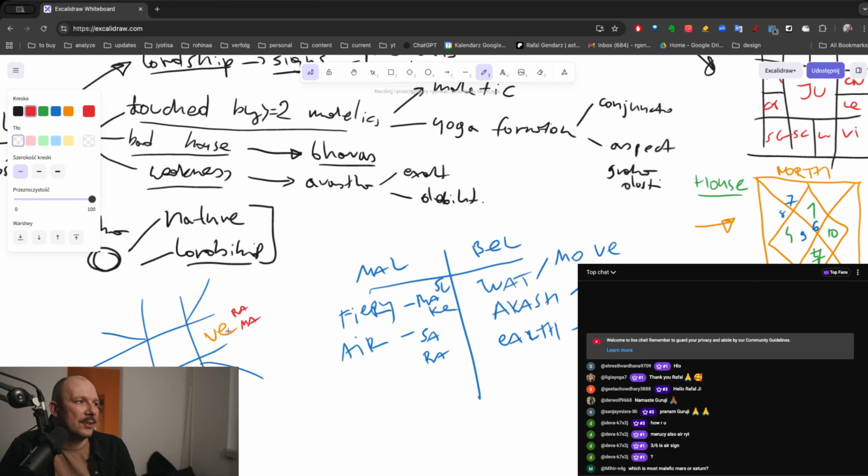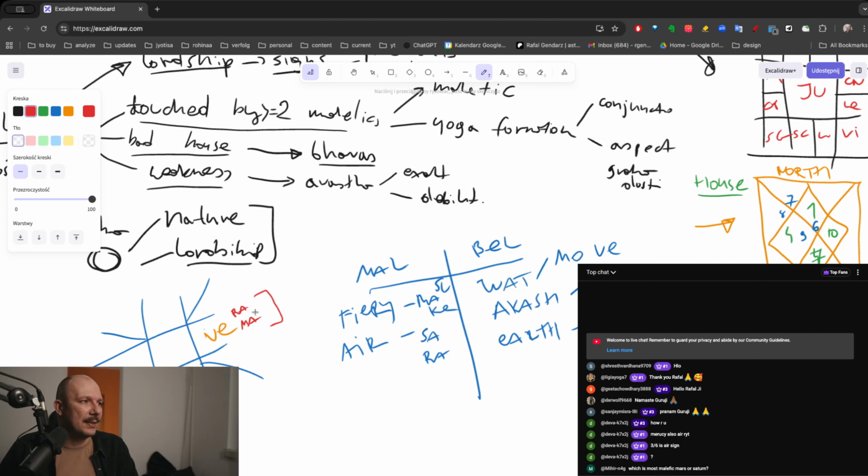If you have two malefics on a planet, then we are talking about the affliction. So if you want to check which planets are afflicted in the chart, then of course we have those three, right? It is either touched by two malefics, it is in a bad house, or it is weak. But is it only being with two malefics which is a problem, right? Or is there something more?